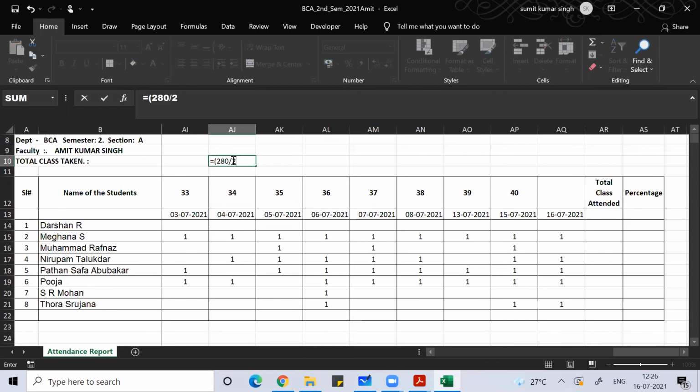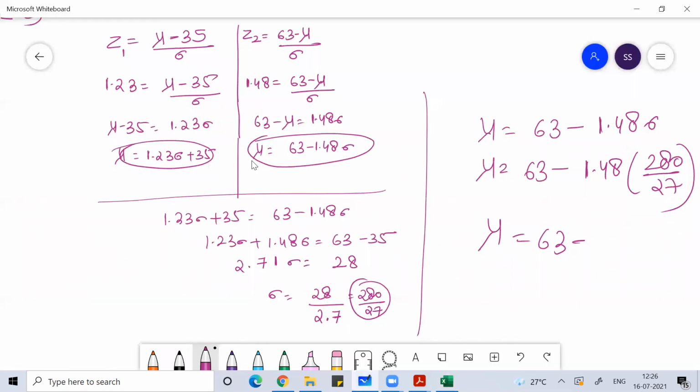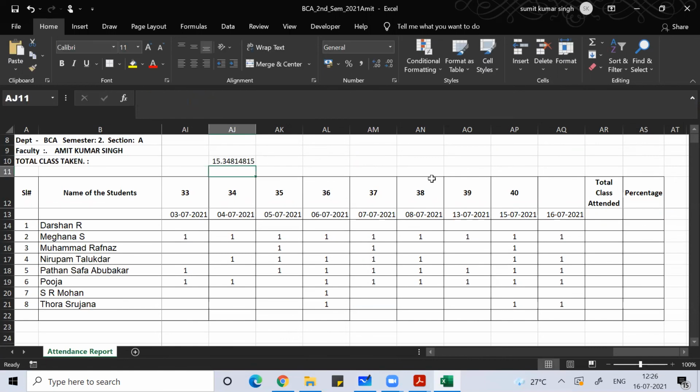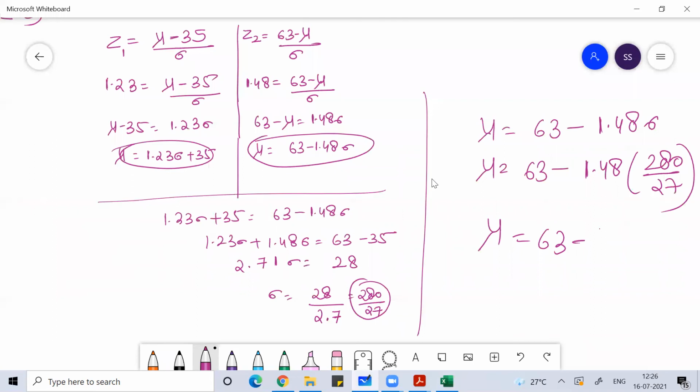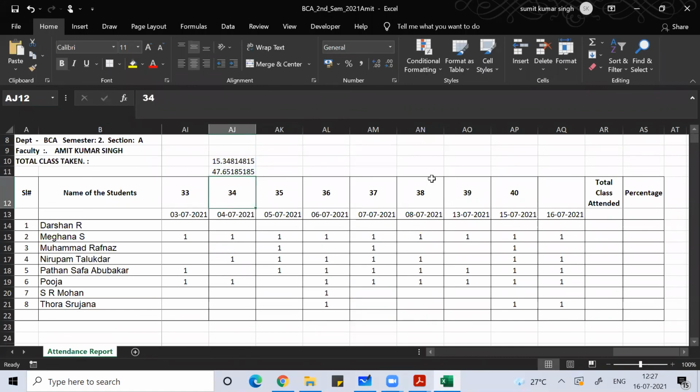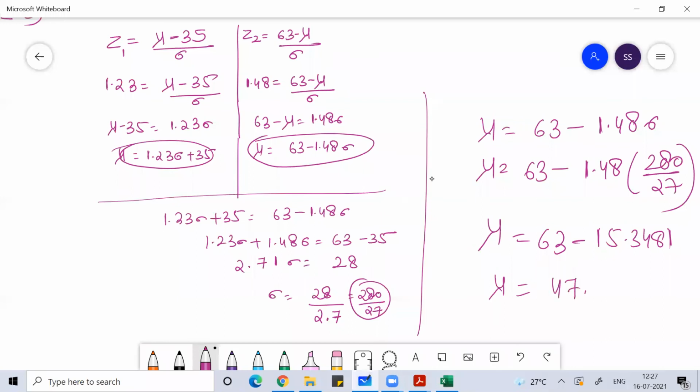280 by 27 times 1.48 gives 15.3481. So mu is equal to 63 minus this value, which is 47.6518.